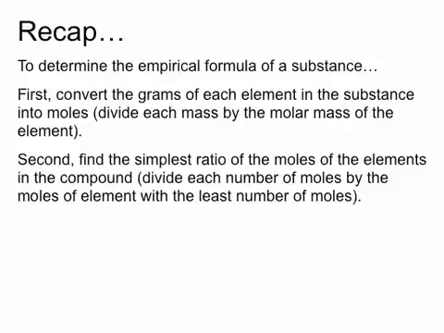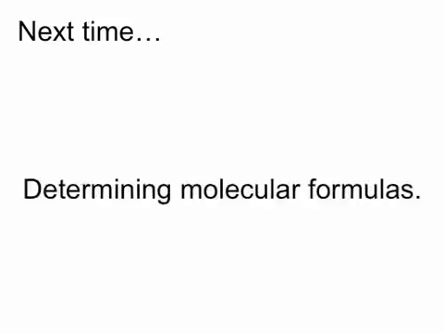So we take the smallest result from step 1 and divide it into the other results from step 1. If it should turn out that we don't get an integer number, we will have to multiply by a factor which will take us to an integer number. Next time, we'll do determining molecular formulas.